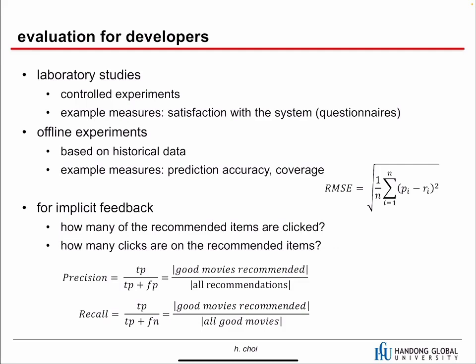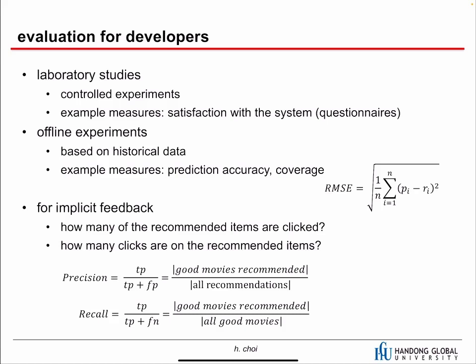But when we develop a recommendation system, it's a whole other story. When we are in the middle of developing the system, we cannot deploy it in the actual system. Then what kind of alternative evaluation could be used in the middle of the development process?